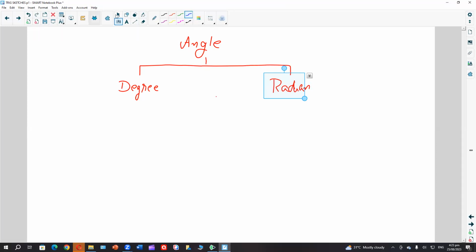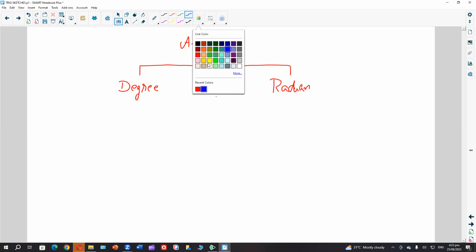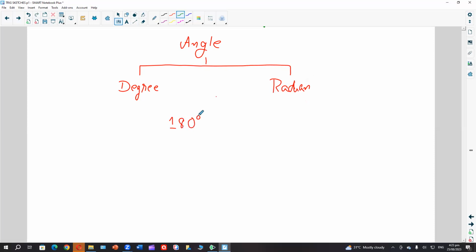So in our course in maths A level, angle can be measured in two fundamental units. One is called degree and the other is called radian. If you compare them, 180 degrees is equal to pi radians. So you have to copy this screen.